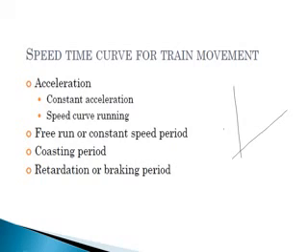X-axis defines the speed in kilometer per hour, and y-axis defines the time in second.